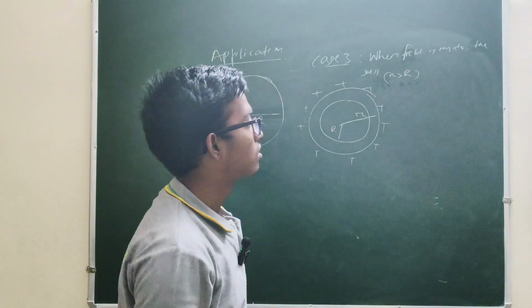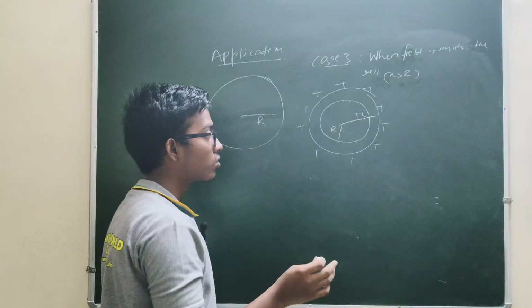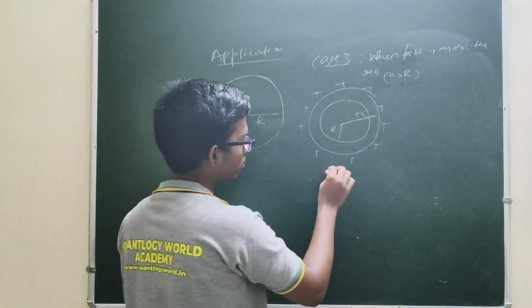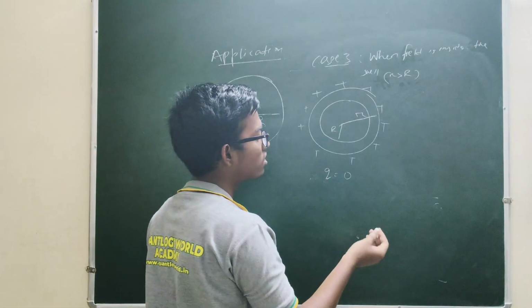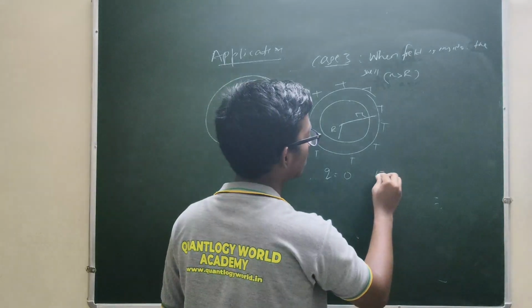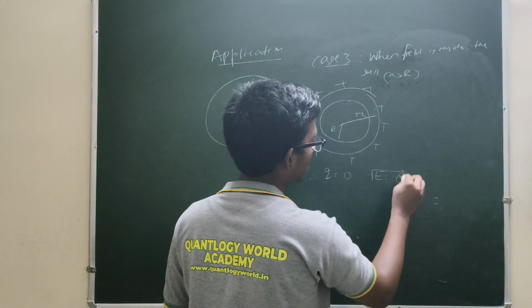Since the outer shell is charged, there is no charge enclosed within the inner shell. So as there is no charge enclosed, Q equal to 0, and since Q equal to 0, electric field in this case will be 0.